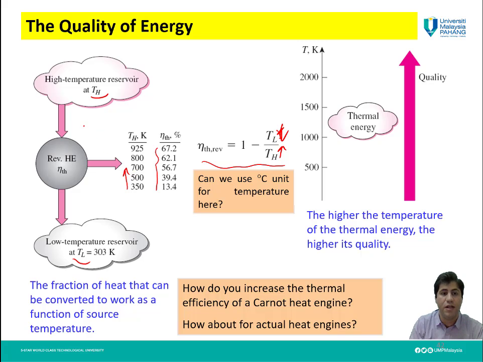If you notice here, QH can be constant for all of these heat engine actions. So the amount of energy or quantity of the energy which is captured or released may be same, but the temperature of each one of the reservoirs is effective on the thermal efficiency.